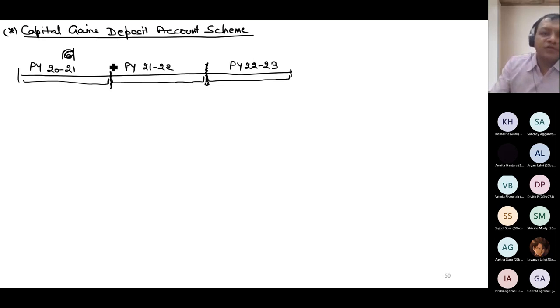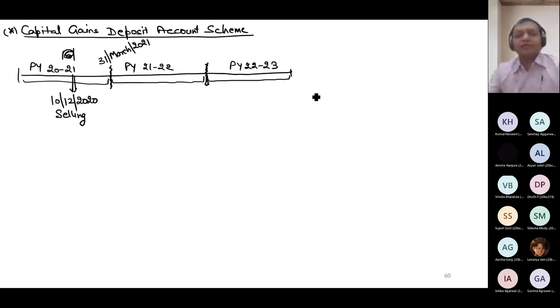This year ends on 31st March, that we know. This year ends on 31st March 2021. On 10th December 20, I am selling the house.